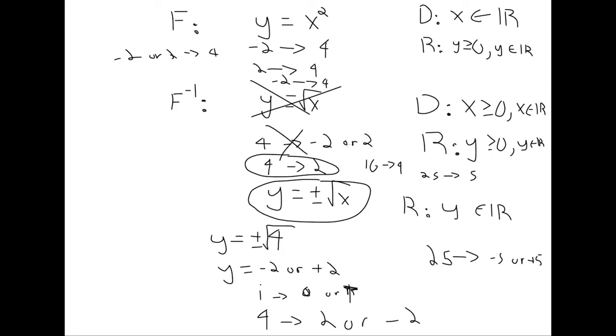You have to double check the domain and the range, because sometimes the range of the function that you get will not meet an inverse's expectations. It will make it so that your inverse does not actually work for your function. For example, what we just did here, y equals the square root of x, doesn't work. It has to be y equals plus or minus the square root of x.